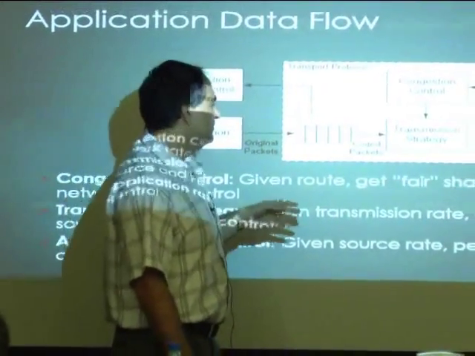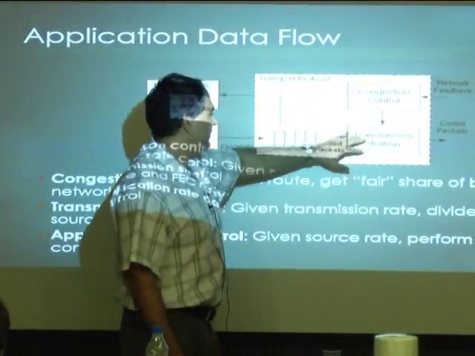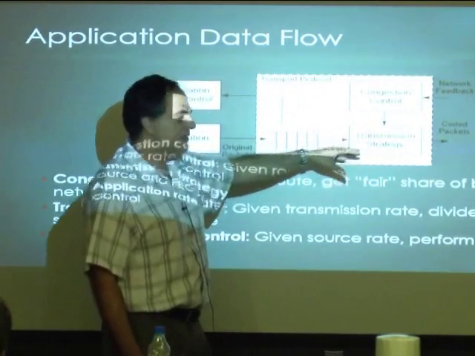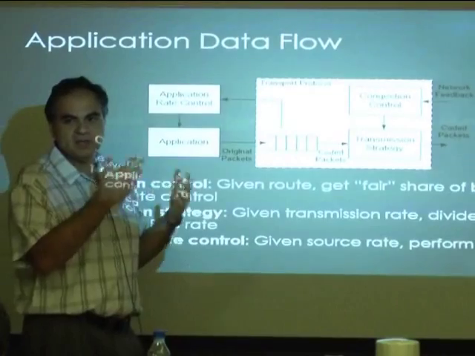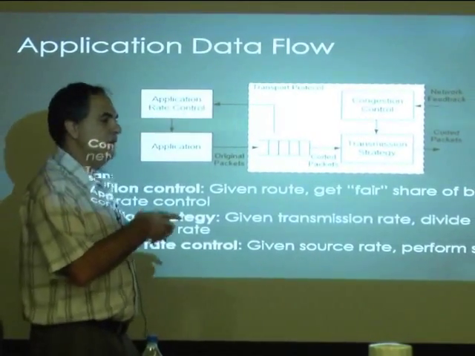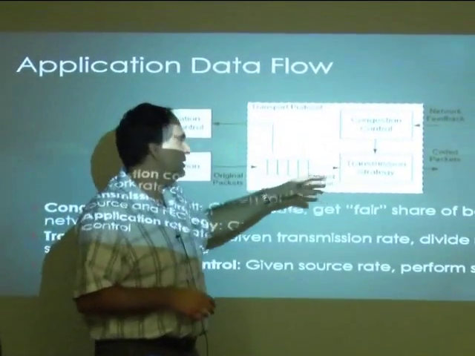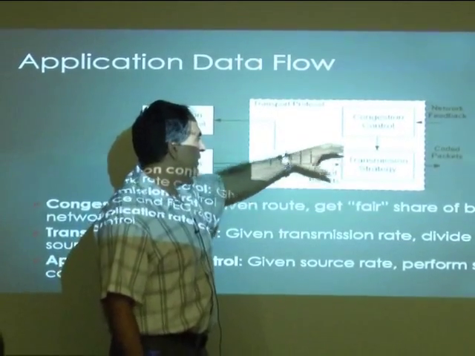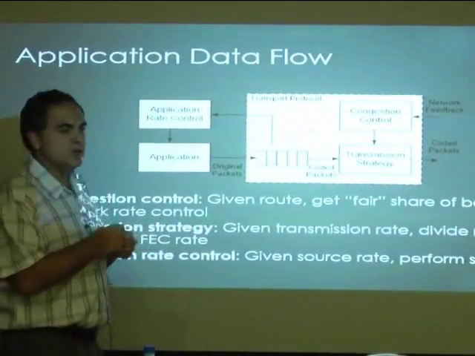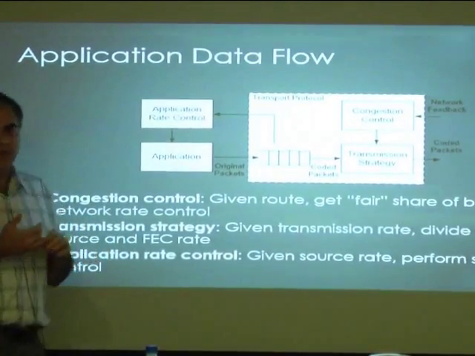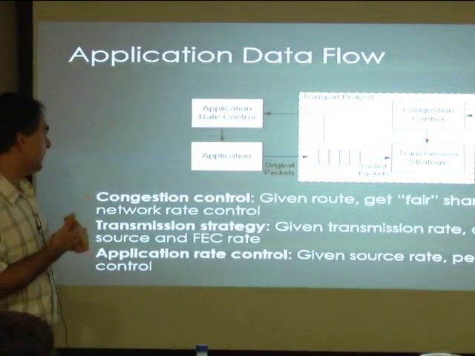And then this transmission strategy basically decides, I should send original packets or I should send forward error correction packets, and how much error correction to insert. And this portion decides what's the overall rate you can send. So this includes both the source rate and the forward error correction rate.